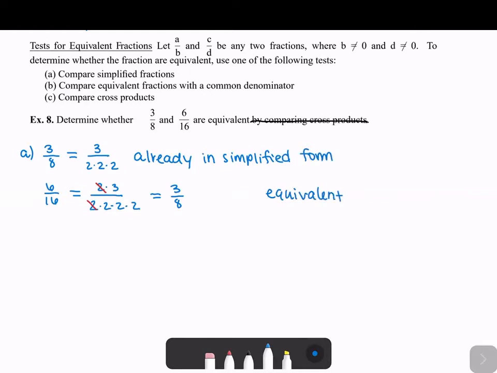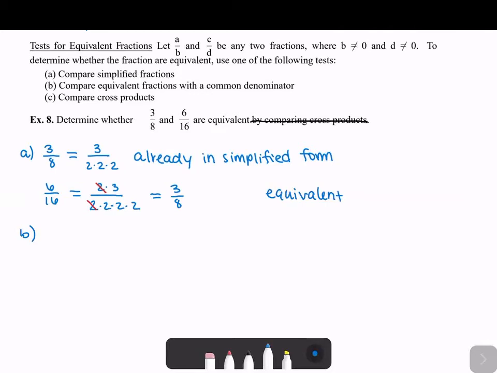Okay, now let's do it using comparing equivalent fractions with a common denominator. In this case, you can just pick a common denominator. With this one, it's pretty much the exact same process, actually.